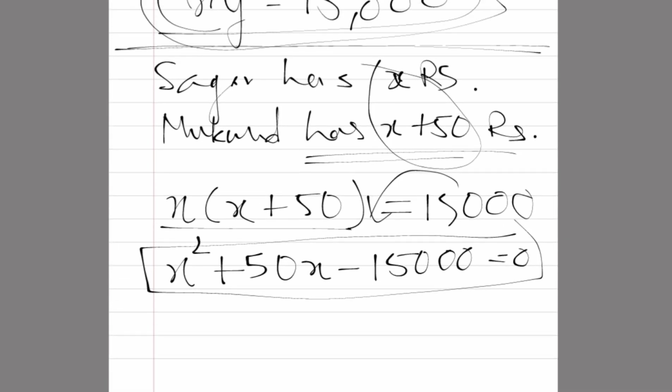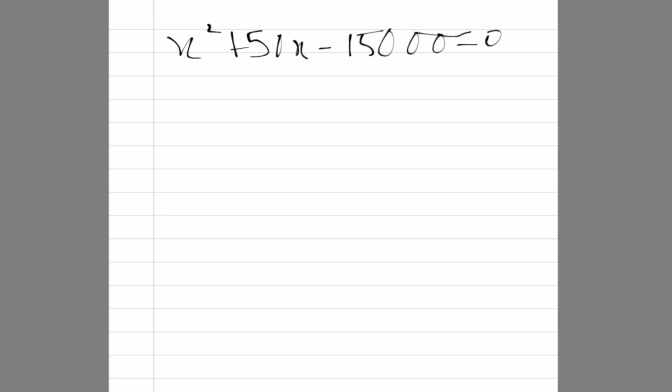This is the quadratic equation, and we have to solve this quadratic equation using the various methods, right? We will use the factorization method here. So in the factorization method, we have the equation x square plus 50x minus 15,000 is equal to 0, right? Now we have to find the factors of 15,000, and we have to get the middle term 50 by subtracting them.